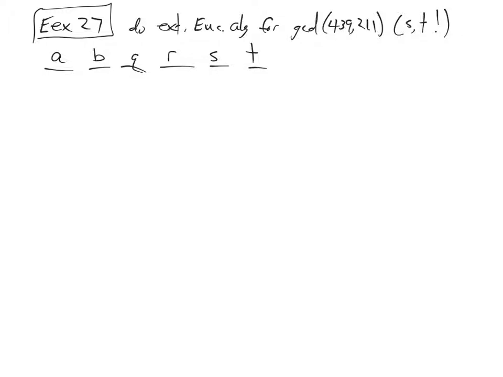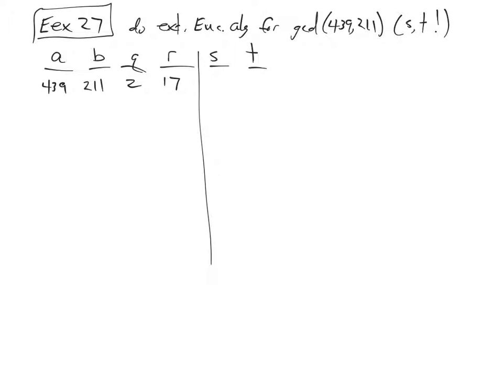Okay, so we start with 439, 211. So the first division, we take 439 divided by 211 is 2. So I subtract the 2, I get 0.08 something times 211 is 17. And of course, remember, you don't do the S and T till you're on your way back up.